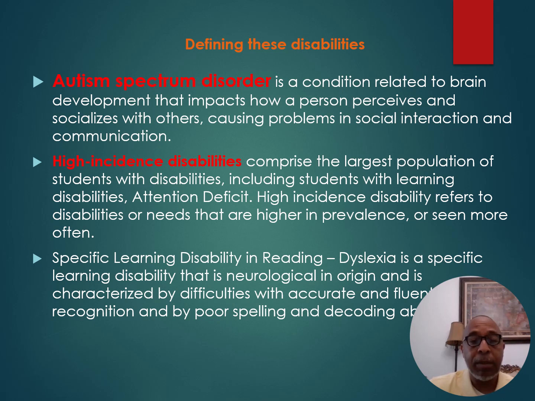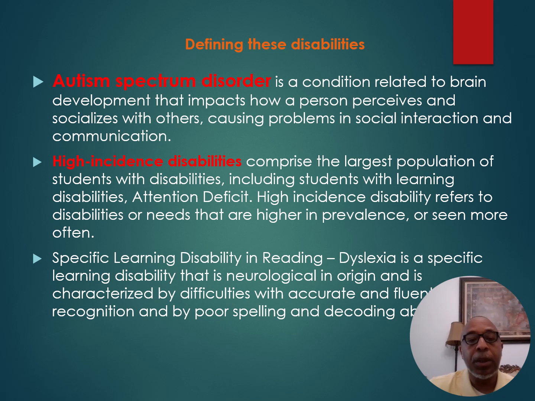High incidence disabilities comprise large populations of students with disabilities, and that can include students with learning disabilities and attention deficit. High incidence disability refers to disabilities or needs that are higher in prevalence or seen more often.